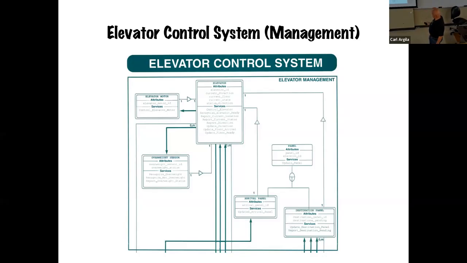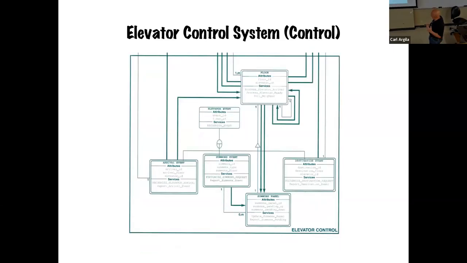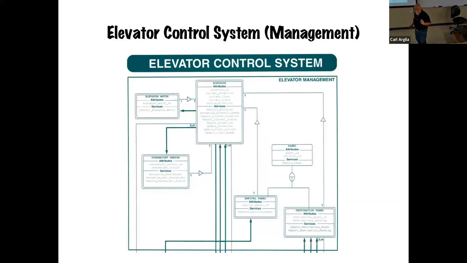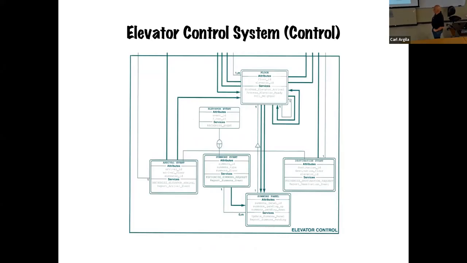But actually, after having done this elevator control system with literally hundreds of workshop groups, it turns out that the optimum, air quotes, optimum version of the elevator control system is to keep the elevator object very, very simple and put most of the controlling function into the floor. Because it turns out that floors always know where the elevators are.